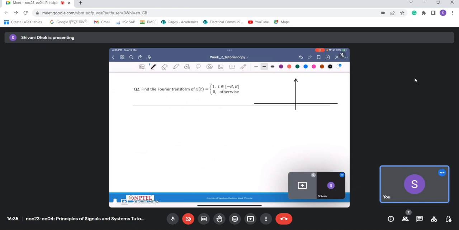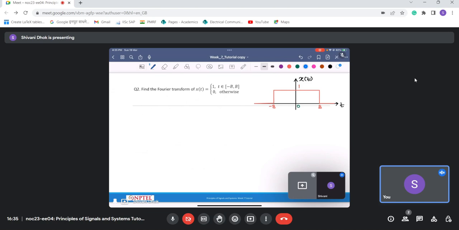Let's say this is my t-axis, this is x(t), and let's say what we have been given is the signal is taking a value 1 from minus b to b, and otherwise it is 0. Okay. Now we need to find the Fourier transform of this signal.